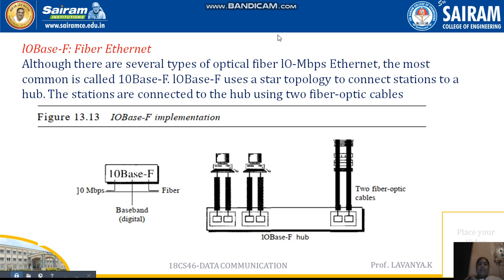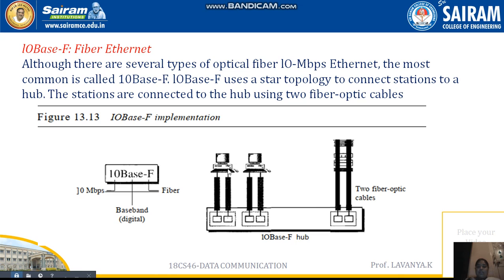Then 10BaseF. Here we are using fiber optic cable, and we call this method fiber Ethernet. Here we use several types of fiber optic cable. Here also the hub is the central device for making the transaction.